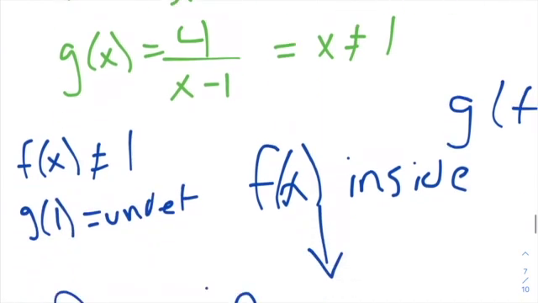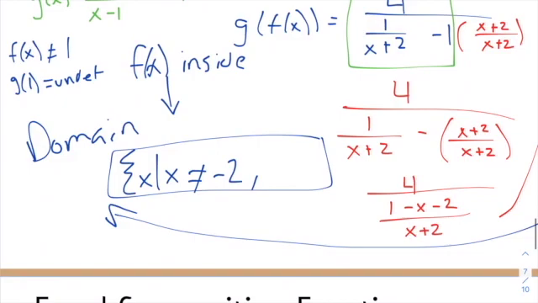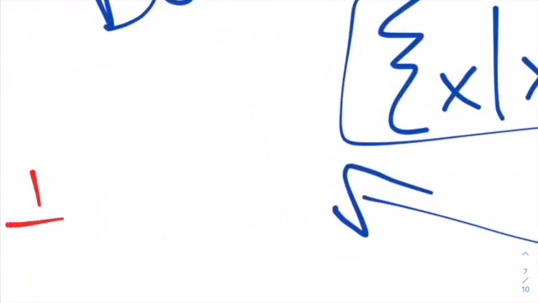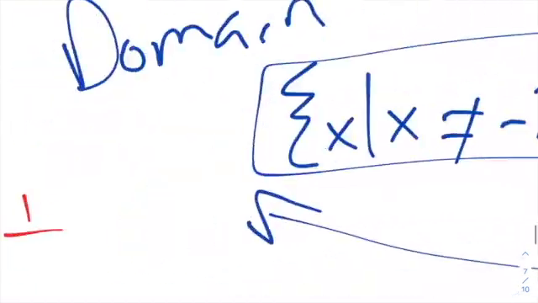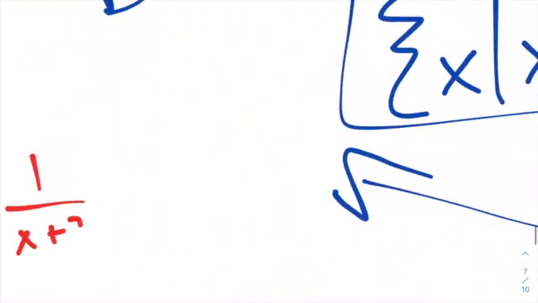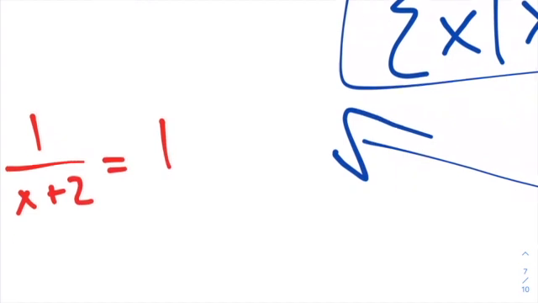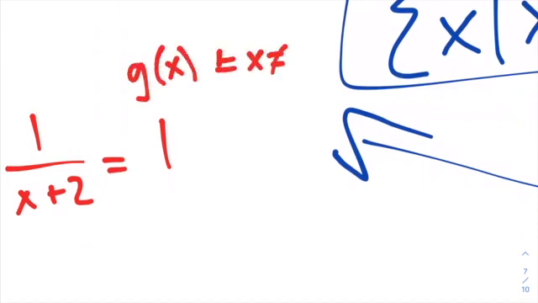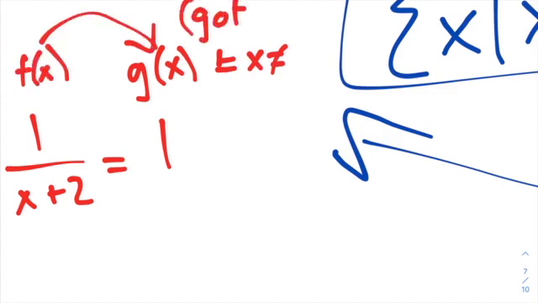So what I do is I figure out, okay, I'm going to set f of x, 1 over x plus 2, equal to 1. Because this is my g of x, and this is f of x, which is my input for g of x in g of f of x, I'm figuring out what x can't equal.